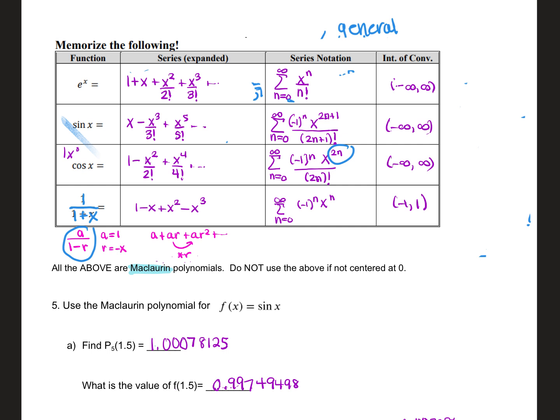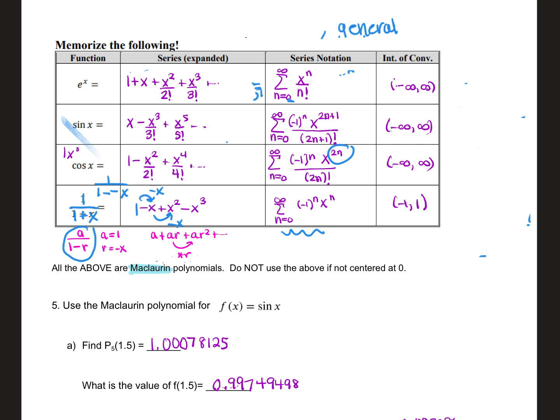Our r is going to be negative x because remember, this is 1 and we need a minus here, so you have to force that to be negative x. Also, remember geometric, you go a, then you multiply by r, then you multiply by r, the common ratio. So if I start with a, which was 1, I multiply by the common ratio, which is negative x. I multiply by the common ratio, which is negative x. And we get this formula.